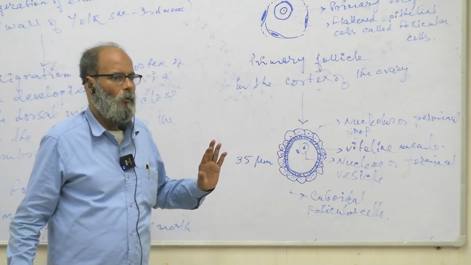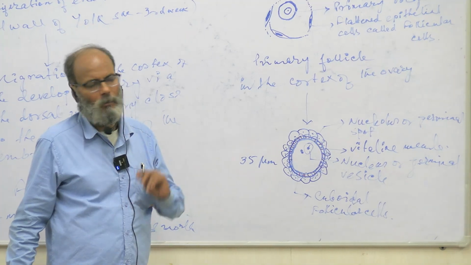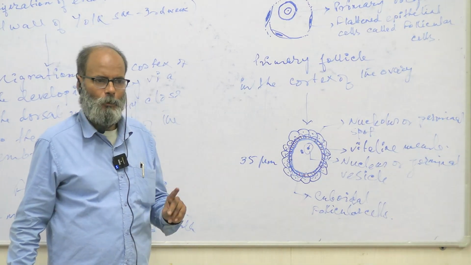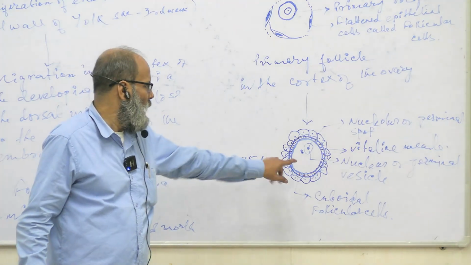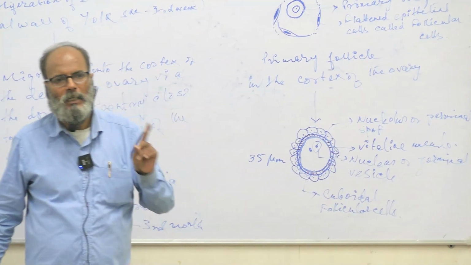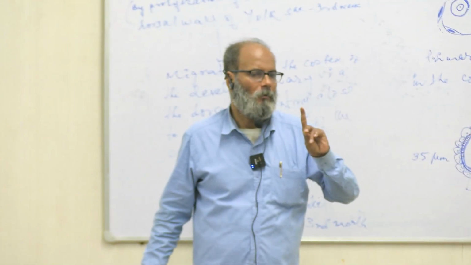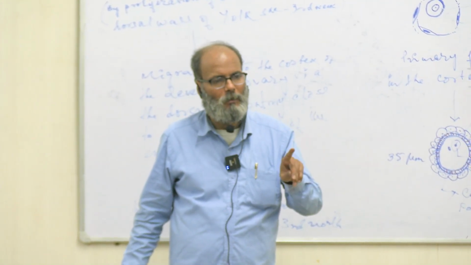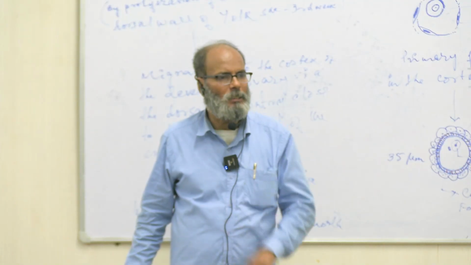So by the 7th month, we see the formation of this maturing secondary follicle, where the primary oocyte is in the Dictyotene stage. That is, after the prophase, it is in the Dictyotene stage.